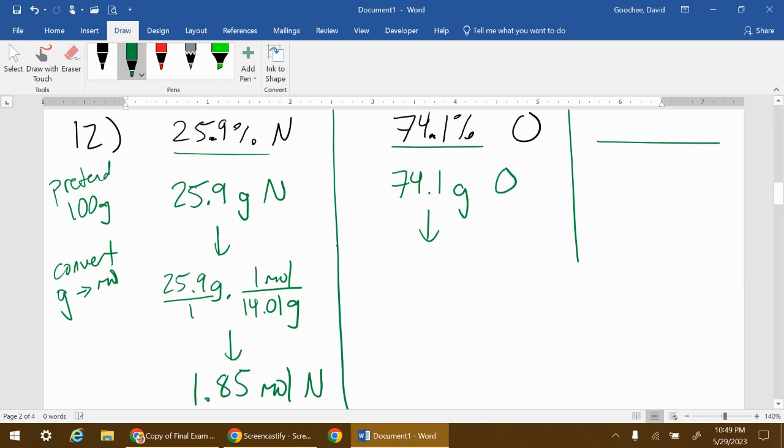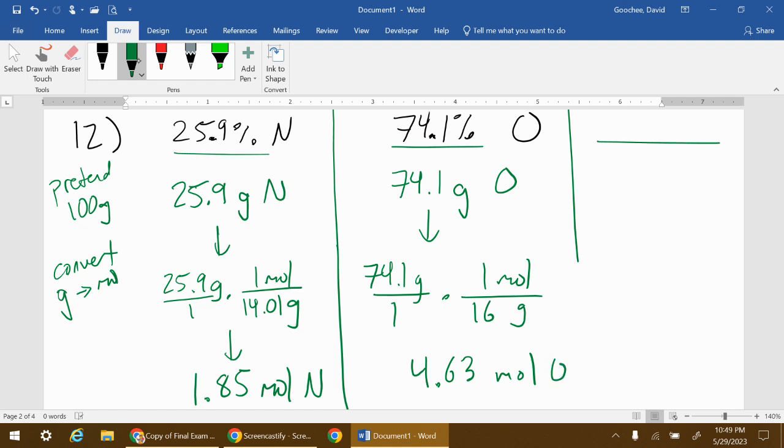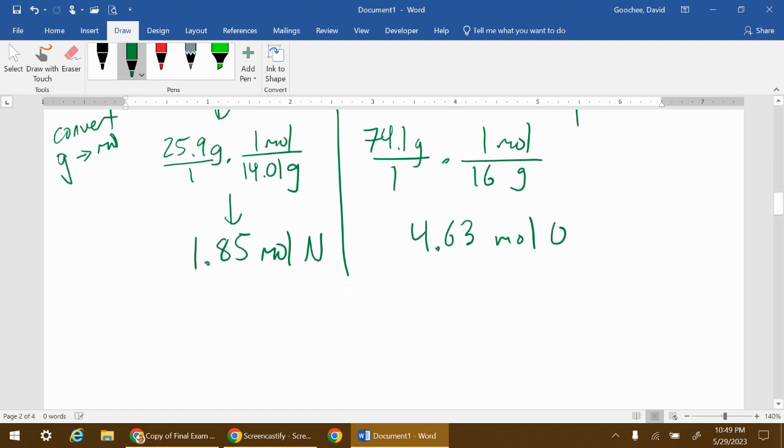Now on the oxygen side here, we're doing the same thing, 74.1 grams of oxygen. We want to get out of grams into moles, and oxygen is 16 grams per mole. So 74.1 divided by 16. And I get 4.63 moles of oxygen.